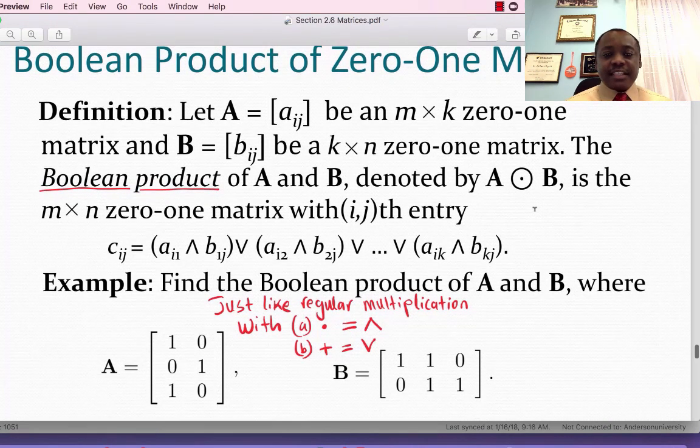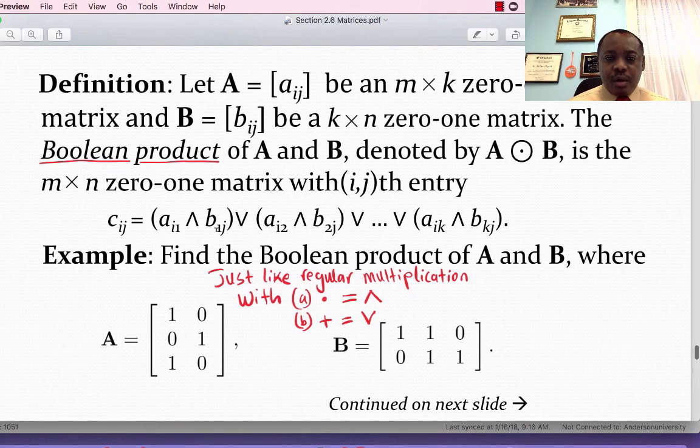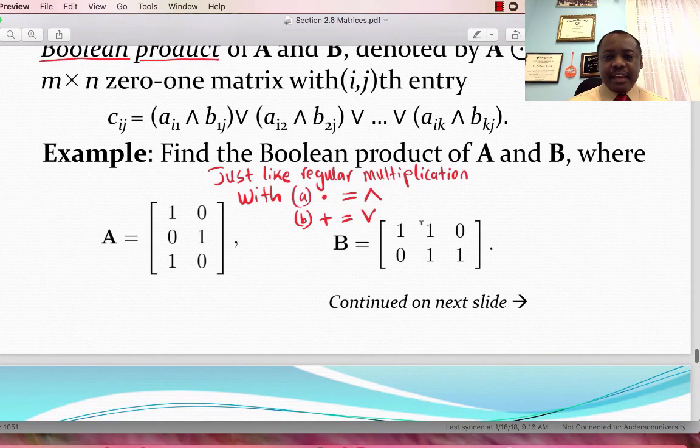And in that case, our entry is going to be almost the same as we did before. Remember, before it was Ai1 times B1j plus times, and we should do that using an example.